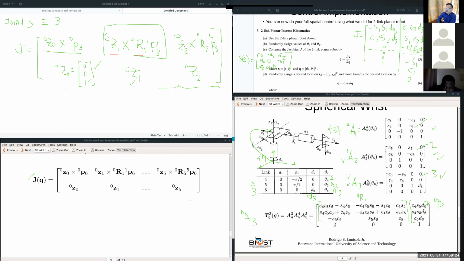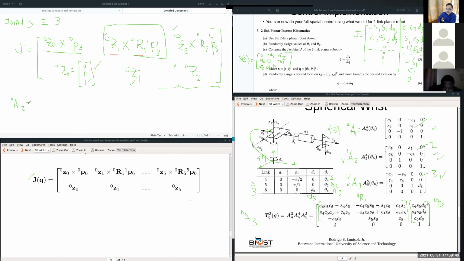Okay, now we are interested in that part. What is 0Z2? We start with 0Z2, but here we don't have space. Where should I put the last J? Maybe somewhere here. So 0Z2, we can compute it from 0A2.